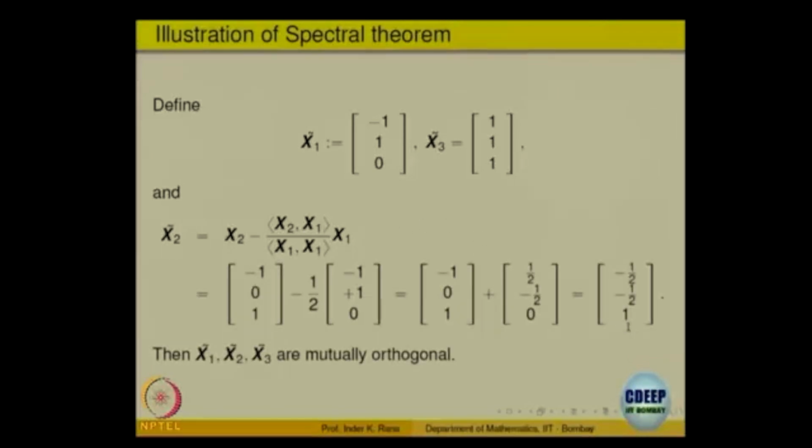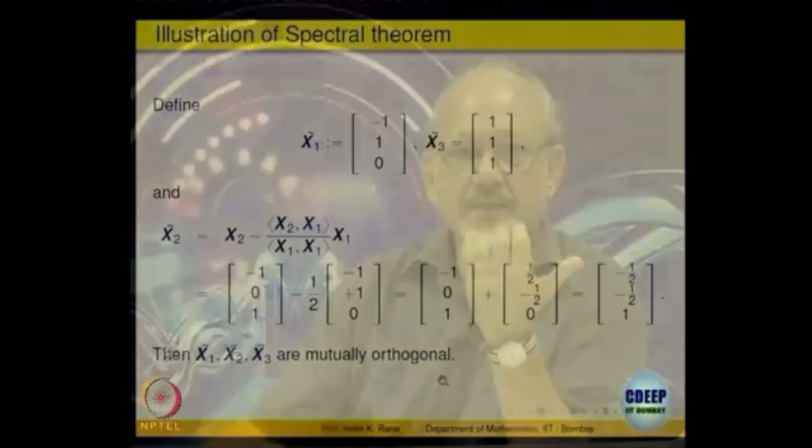So the Gram-Schmidt process is being used to orthonormalize. You get 3 vectors which are mutually orthogonal. Gram-Schmidt only gives you orthogonal vectors; we remove the projections, you get only orthogonal, but you have to orthonormalize them if you want. So then you divide each one of them by its norm.